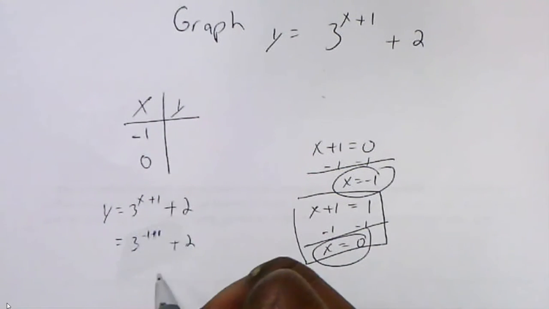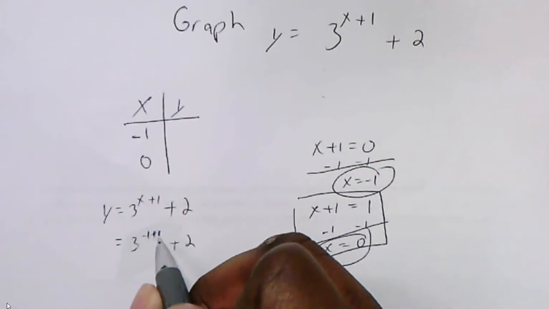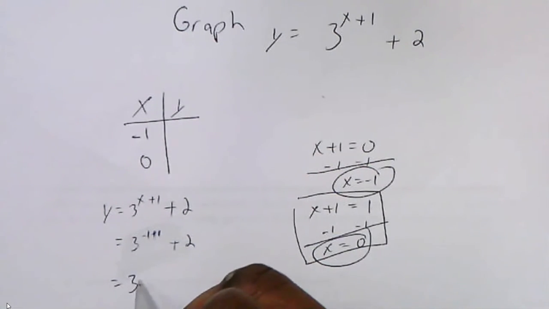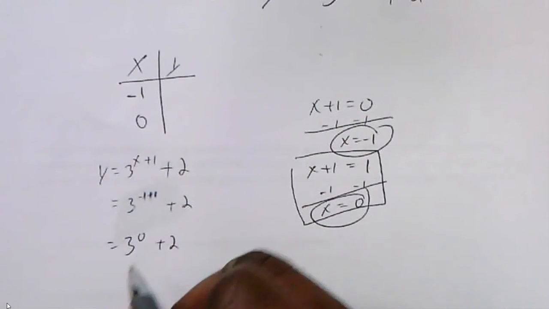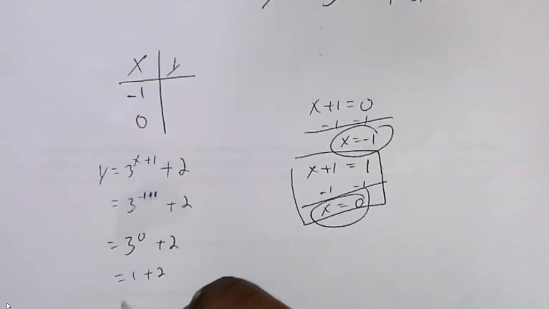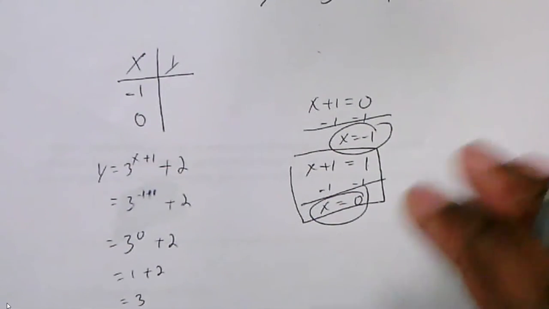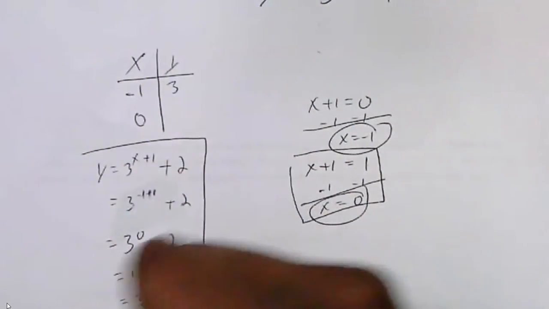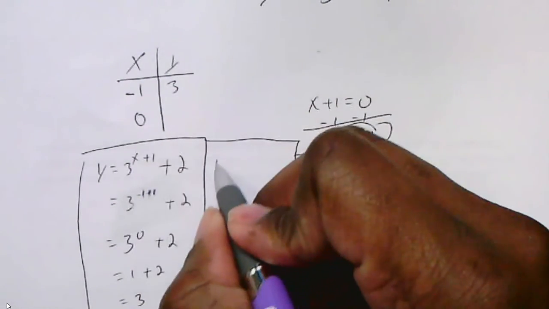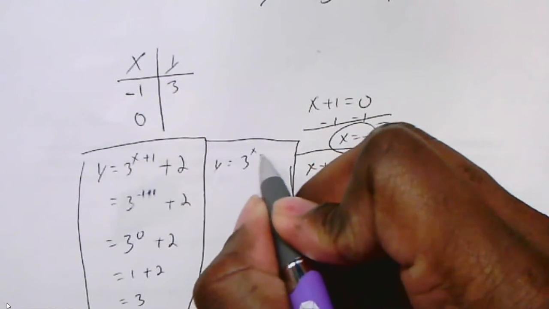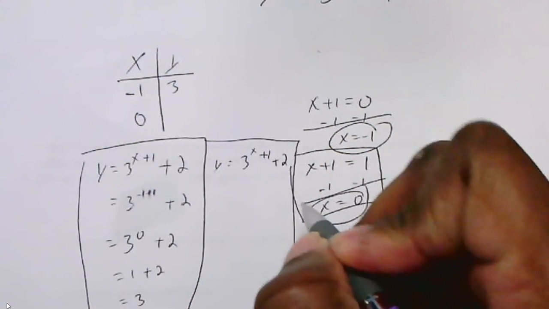Plus 2. 3 to the negative 1 plus 1 is 3 to the 0, plus 2. We should know that any number to the 0 is 1. So it means 1 plus 2, which is 3. So when I input negative 1, my output is 3. Then taking the second number, 0, going back to that equation, 3 to the x plus 1, plus 2.